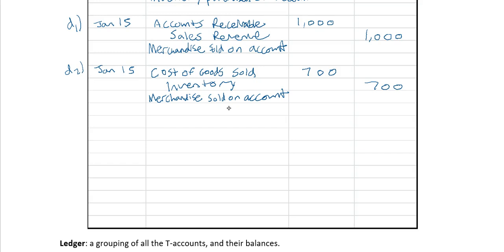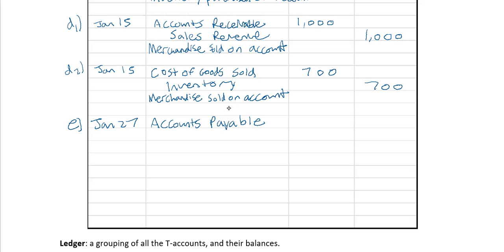E, Lori paid her supplier for the January 12th purchase. And this was on January 27th. When we pay somebody a balance that we owed them, we debit our accounts payable.